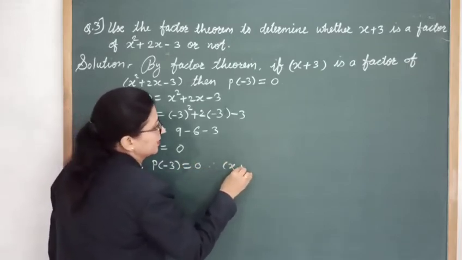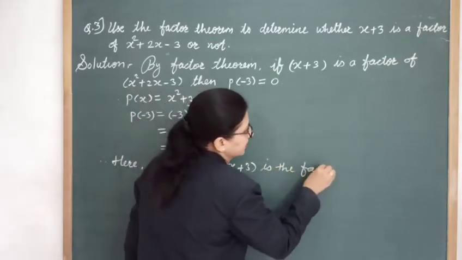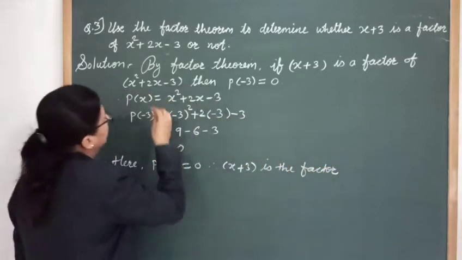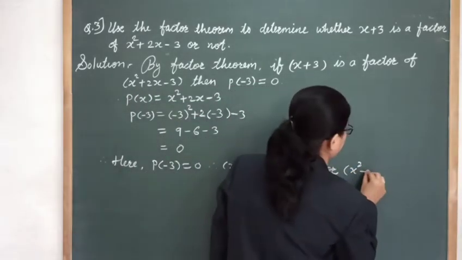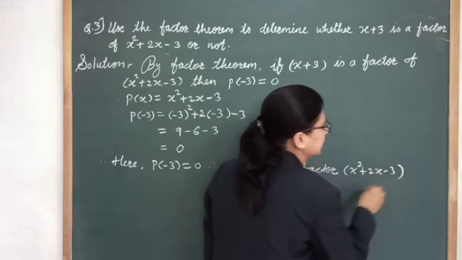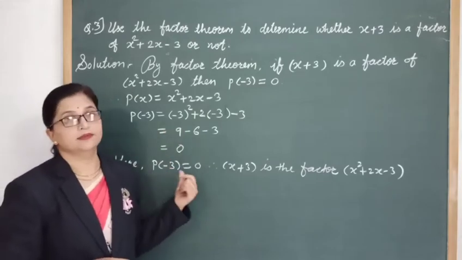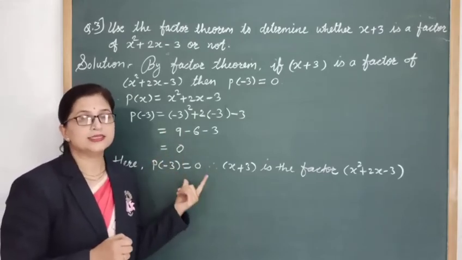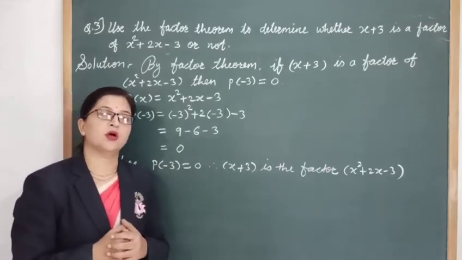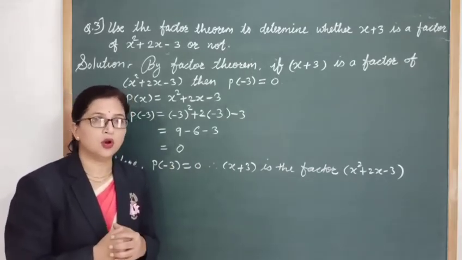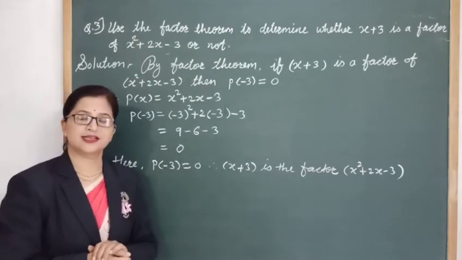Therefore x plus 3 is the factor of which polynomial? X square plus 2x minus 3. So in this way, by using the factor theorem, we can decide whether the given divisor is the factor of the given dividend polynomial or not without doing the division. I hope the solution is clear to you.